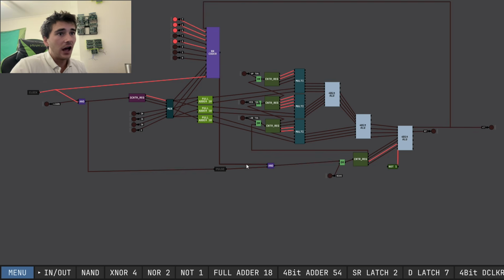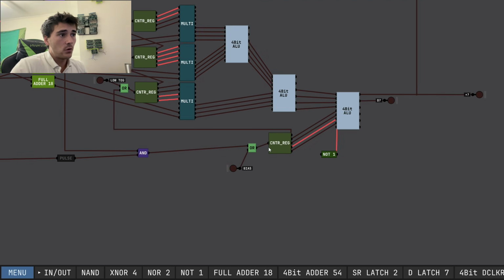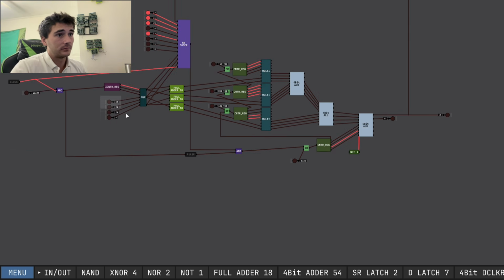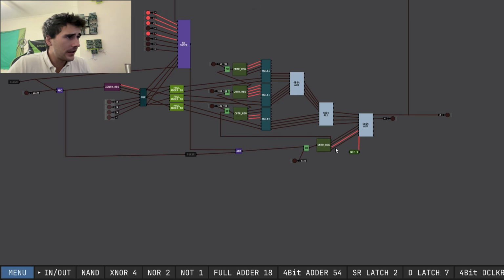And when this is high and the clock is high, we send an update to our program counter and it adds 1. And then we test that out with all 7 bits. And if this one has a flaw, then we update it again so it can add another one.